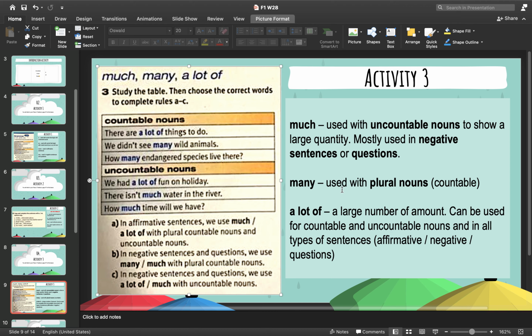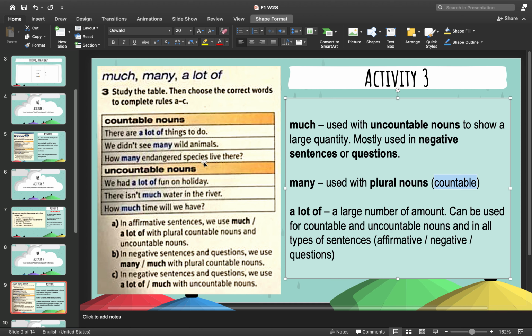Many digunakan dengan plural nouns yang countable saja. Plural noun yang boleh dikira. Okay, boleh dikira. For example, we didn't see many wild animals. Kami tak nampak banyak haiwan liar. Okay, ataupun how many endangered species live there?